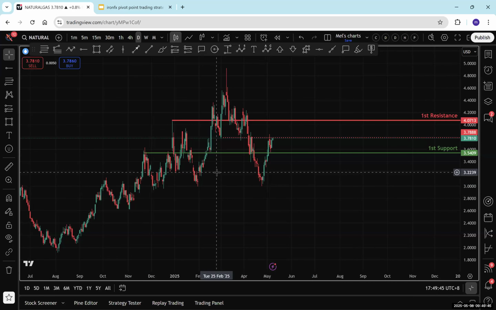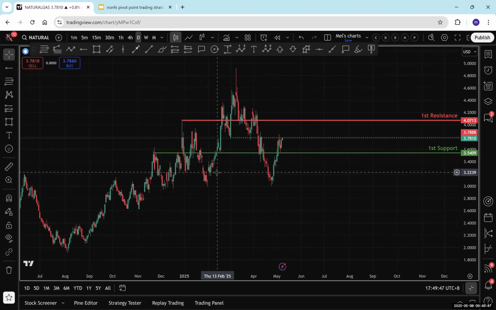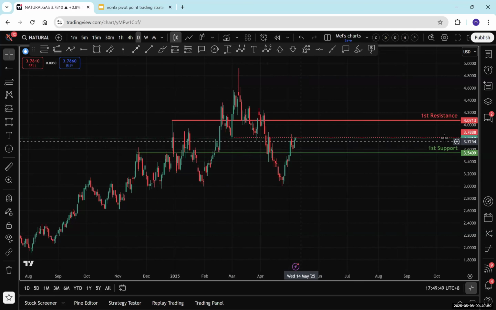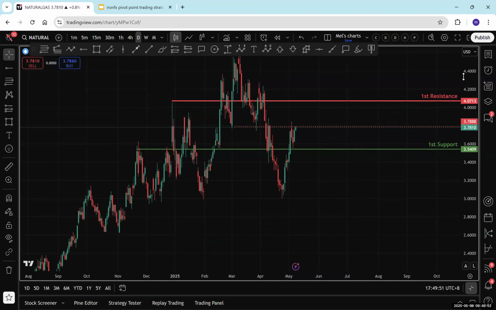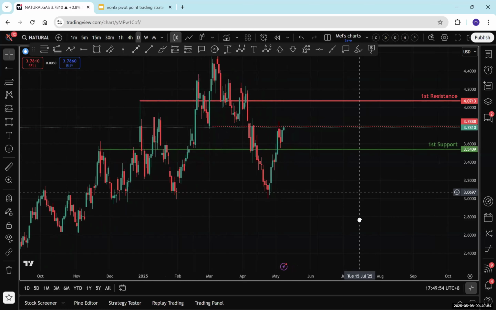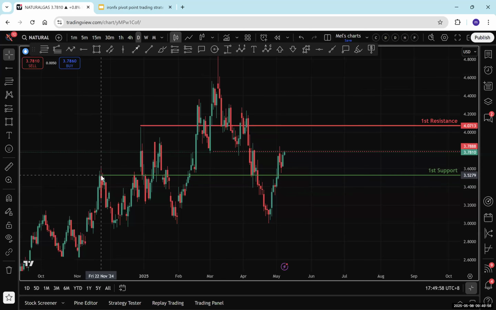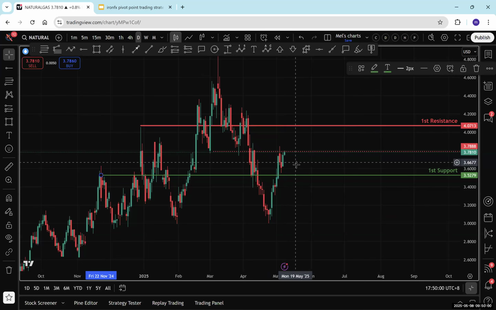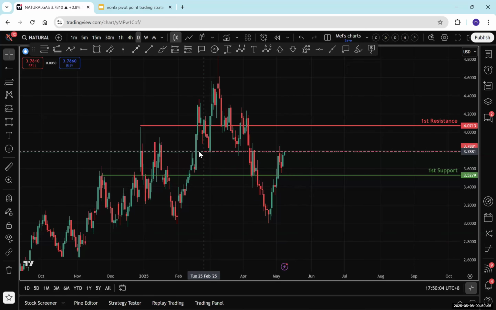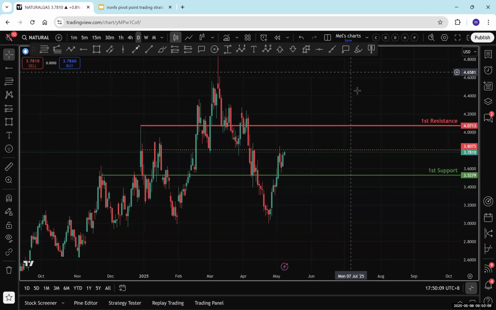With stop losses, you want to make sure that there is enough room for prices to move around. So you can actually place your first support a bit lower, just in case prices reverse off this intermediate support before moving back up, so that you don't get stopped out before that reversal.